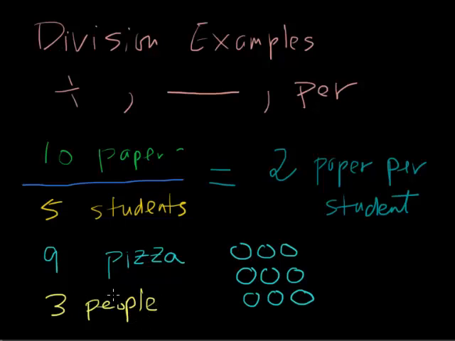How many does each person get? Well, you can give 3 to the first person, 3 to the second person, 3 to the third person. And what do we have? 9 pizzas divided by 3 people, and the answer equals 3 pizzas.